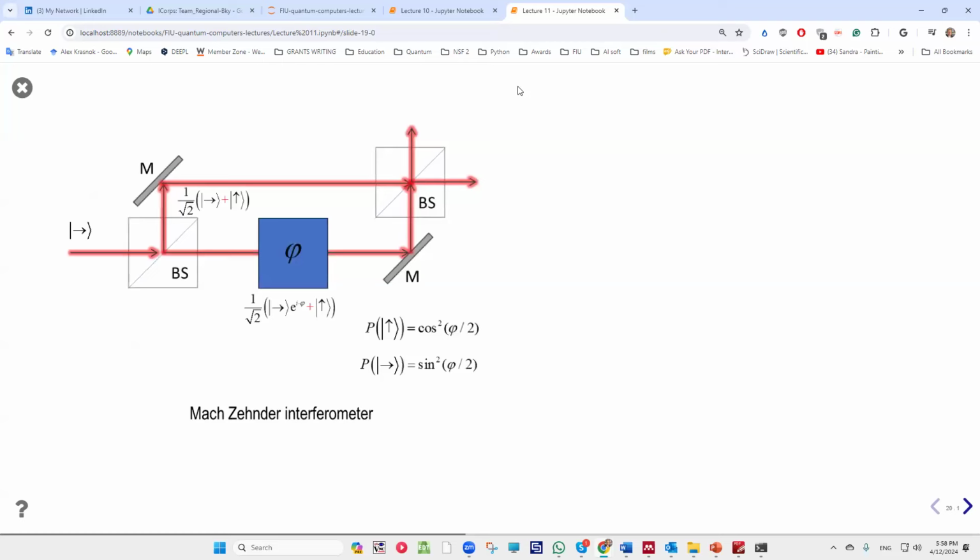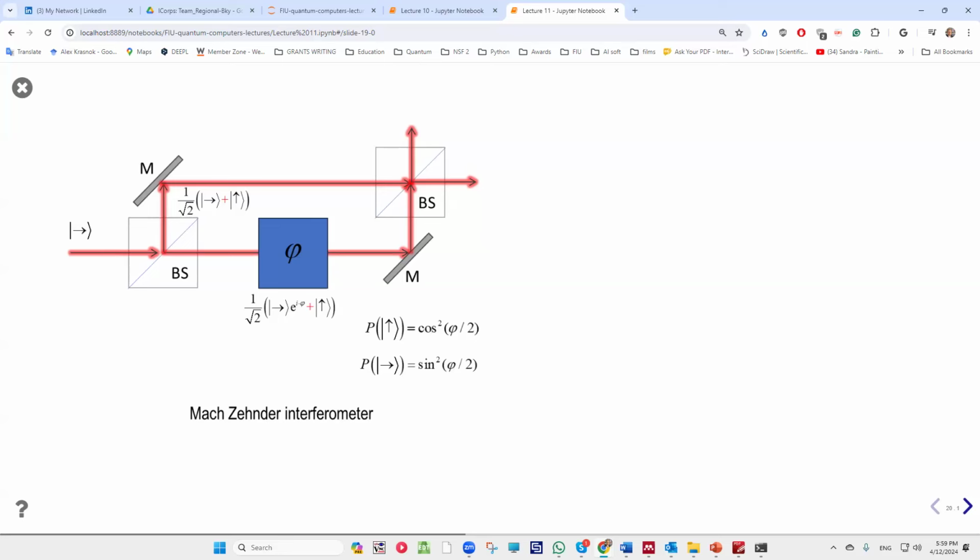All right, so let us consider a very important structure, which is called the Mach-Zehnder interferometer. This system consists of two beam splitters, the input one and the output beam splitter, and two mirrors that convert the horizontal to vertical photon. So if the first beam splitter receives a horizontal photon, meaning propagating in the horizontal direction, it creates two clones, right, of the photon.